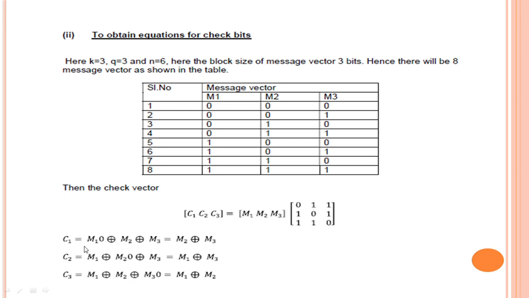If we look at the first equation, C1 is given by M1 into 0, modulo 2 added with M2, modulo 2 added with M3. So M1 into 0 will become 0, and we get C1 as M2 modulo 2 added with M3. C2, that is check bit 2, will give M1 modulo 2 added with M3, and check bit 3 will be given as M1 modulo 2 added with M2.